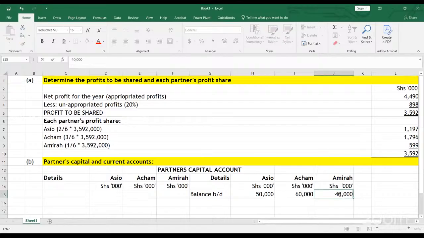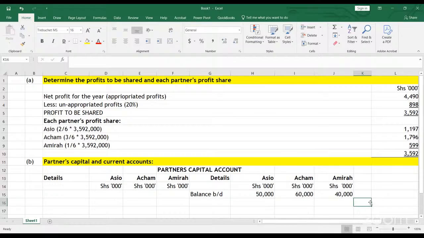Now, unless the partners have contributed more capital into the partnership, these balances are going to appear for all the years the partnership is in existence. That's why we call it fixed capital.